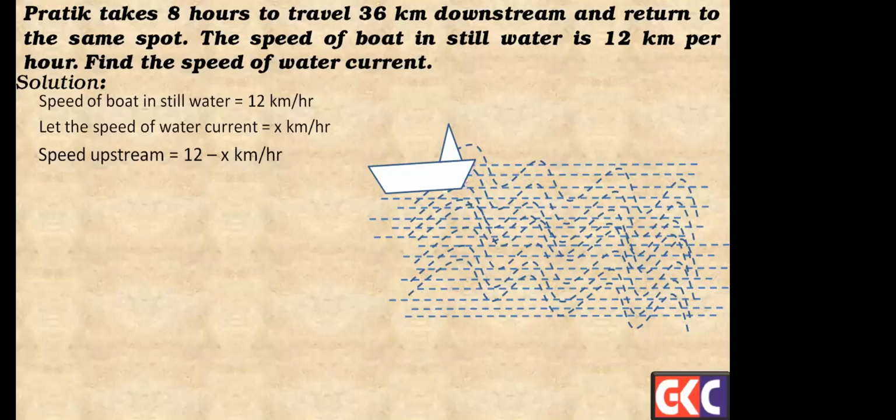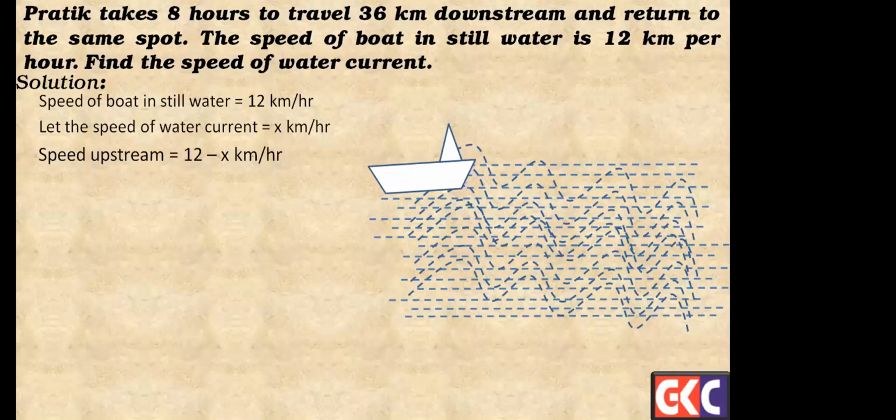So उसका जो speed है 12 किलोमीटर पर आवर वो जरा सा reduce हो जाएगा. जरा सा मतलब कितना, x किलोमीटर पर आवर, because that is the speed of water with which it is resisting the speed of boat. So that's the reason जो boat move हुआ वो 12 minus x speed से move होगा. Is that thing clear? क्या हो रहा है समझ में आया? Boat will be moving with 12 minus x kilometer per hour.